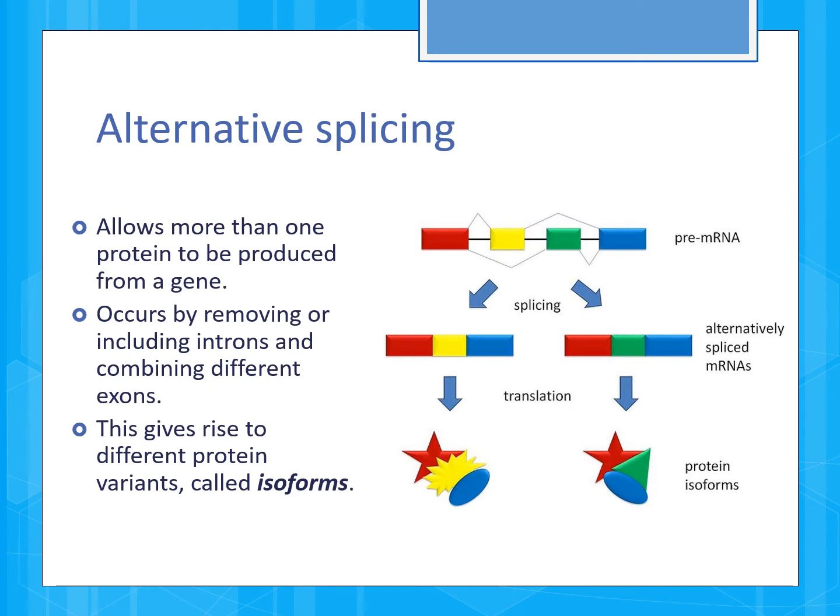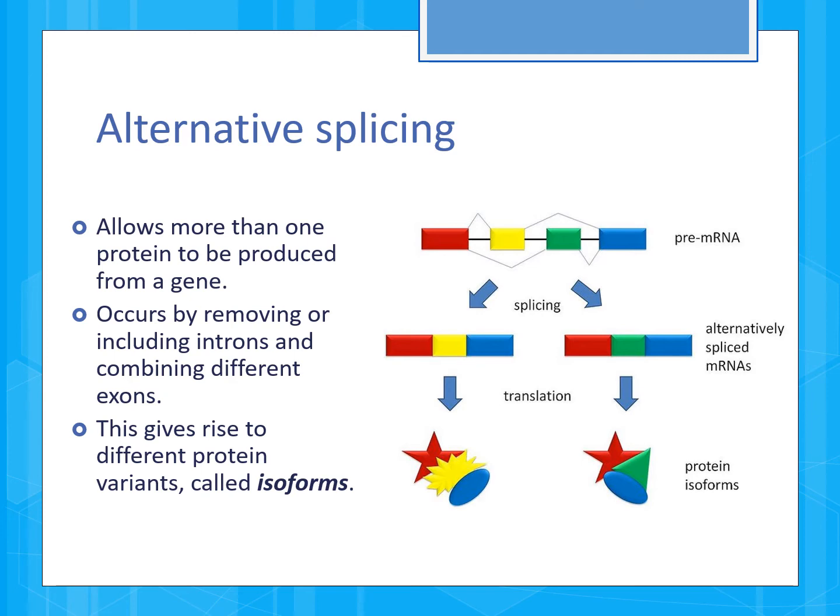So another way we can regulate gene expression and the production of the protein is through alternative splicing. We talked in transcription about the fact that initially the whole gene is transcribed, which includes these non-coding regions called introns. The parts of the gene that actually code for the protein are called the exons.